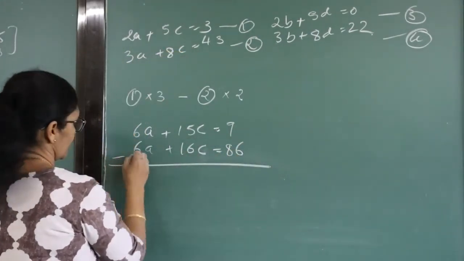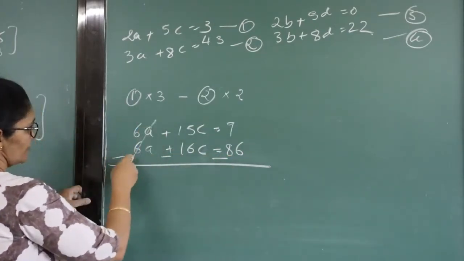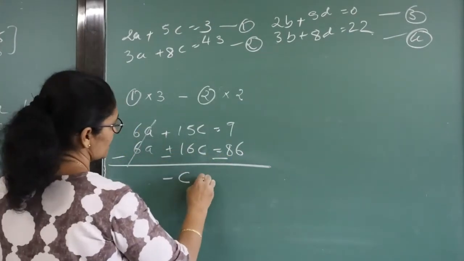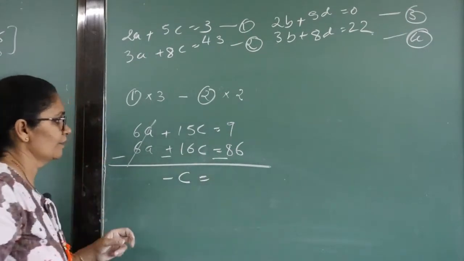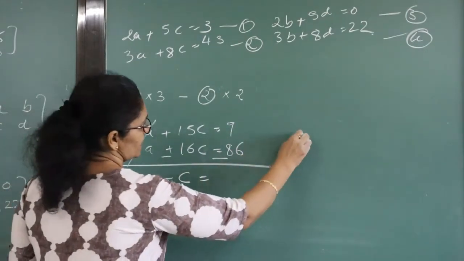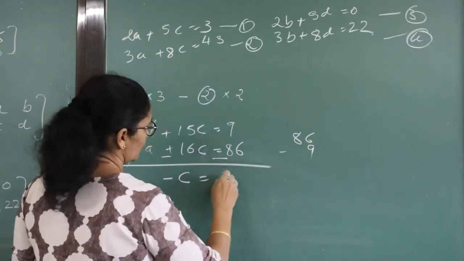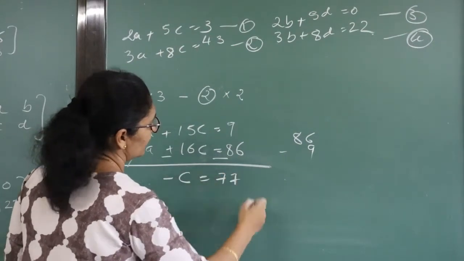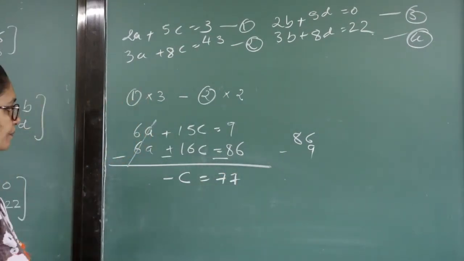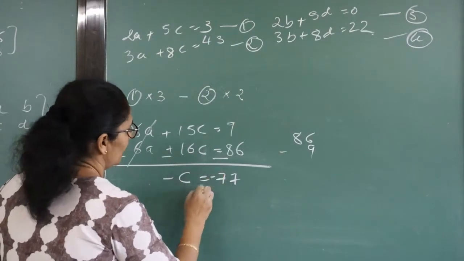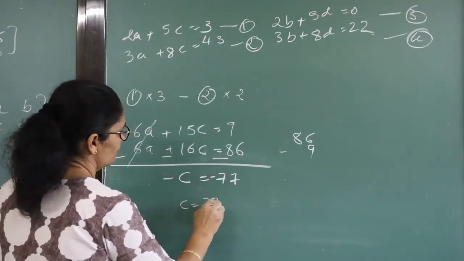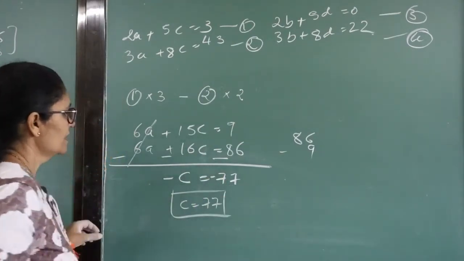Now let's start subtraction. So the term a will be cancelled. Now subtract 9 from 86, so you get 77 with minus sign. So the first term we are getting is c as -77.